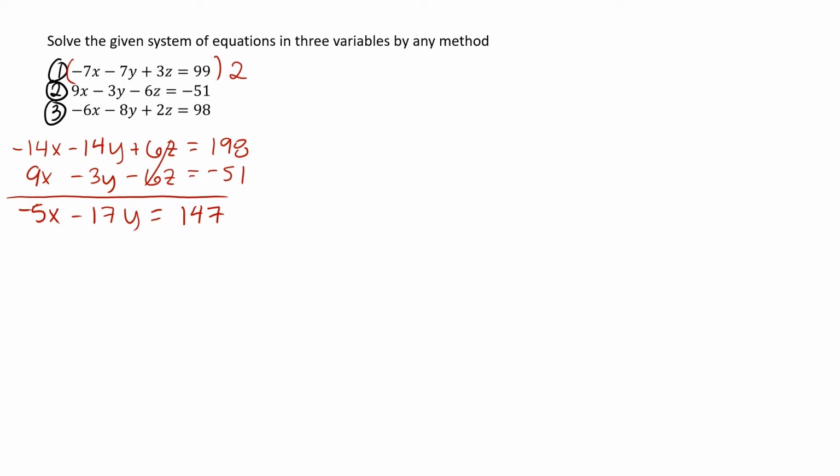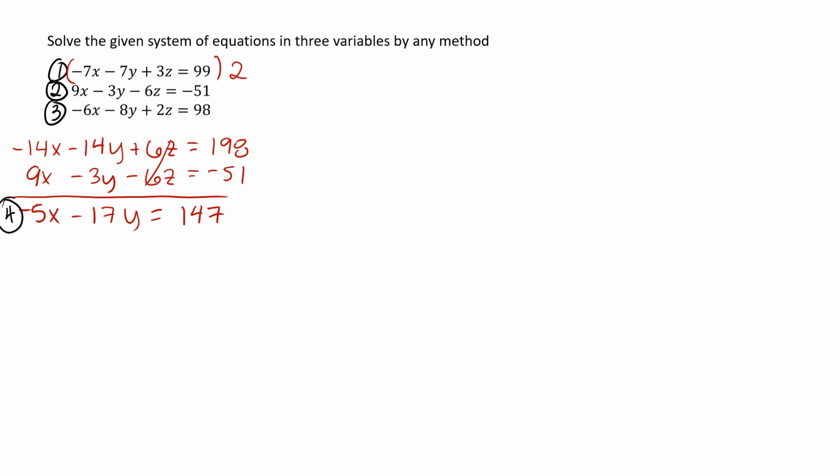Now, since I already canceled out the z's between 2 equations, I'm going to cancel it out between the next equations. I'm just going to label this one number 4.